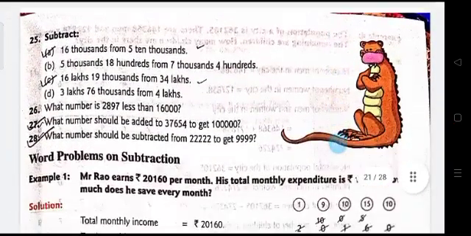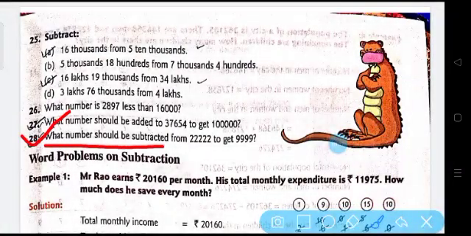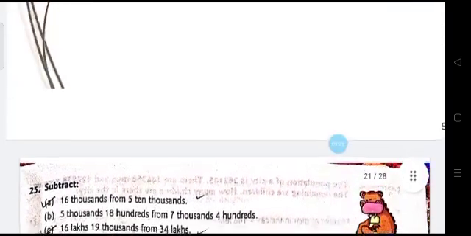First let us read the question. Question number 28 is, what number should be subtracted from 22,222 to get the answer as 9,999? Okay, so again we will be doing the same kind of question with that pattern.